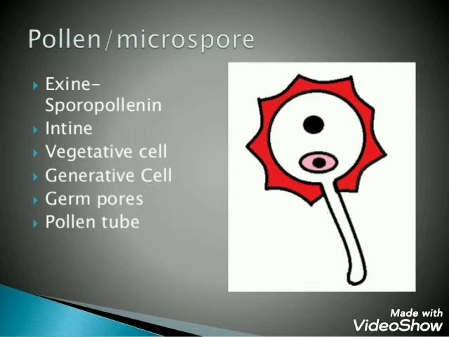The exine is a hard layer made up of sporopollenin, which is one of the most resistant organic matter present in nature. The inner thin layer of intine is made up of cellulose and pectin. The exine has an aperture where sporopollenin is absent, known as germ pore.